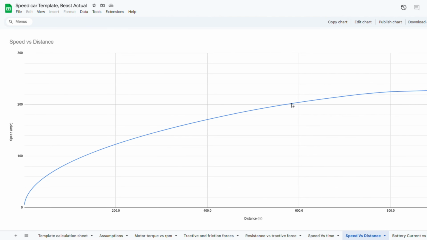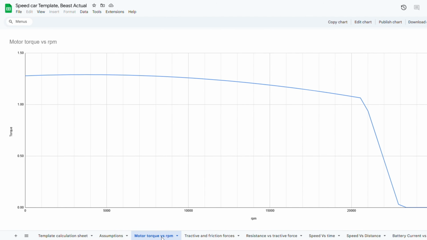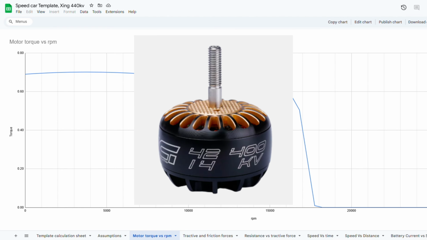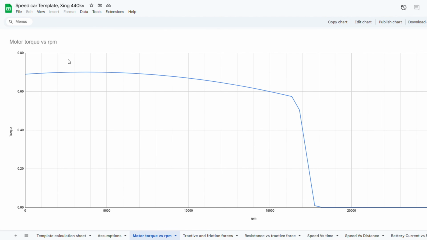Then going back to the question that I asked at the start, does a motor with lower kV have more torque? Let's have a quick look at the torque curve predicted here for the 660 kV motor, and we're up around 1.3 Newton meters peak. This is the curve for the 400 kV motor, the same motor but a different version of it, and it's only about half of what the 660 kV one is.